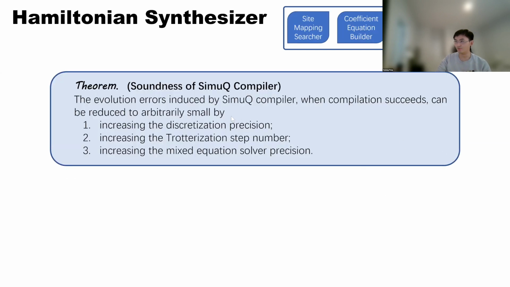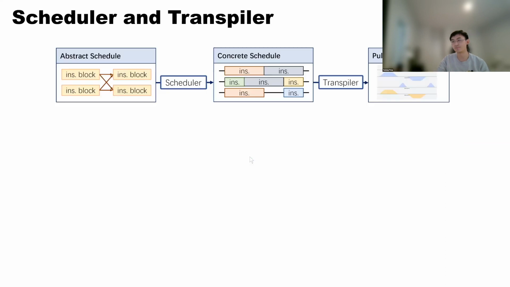We have a theorem proved about the soundness of our compilation process. If the compilation succeeds, the error can be reduced to arbitrarily small by increasing the discretization precision, increasing the trivialization step number, or increasing the precision of the equation solver.